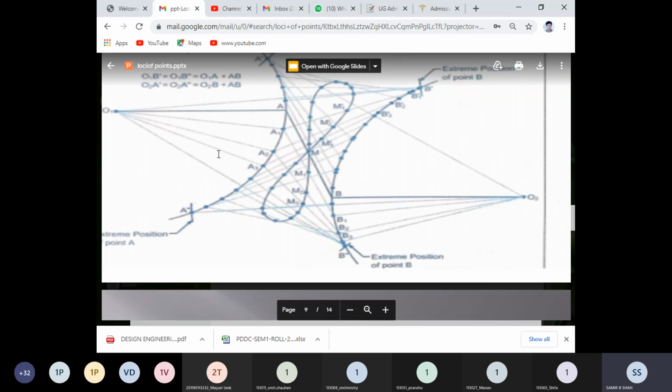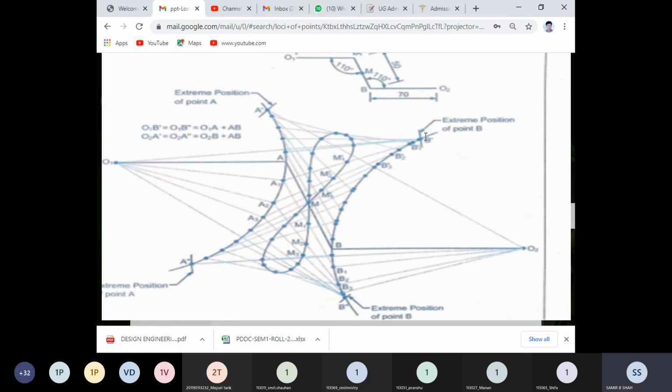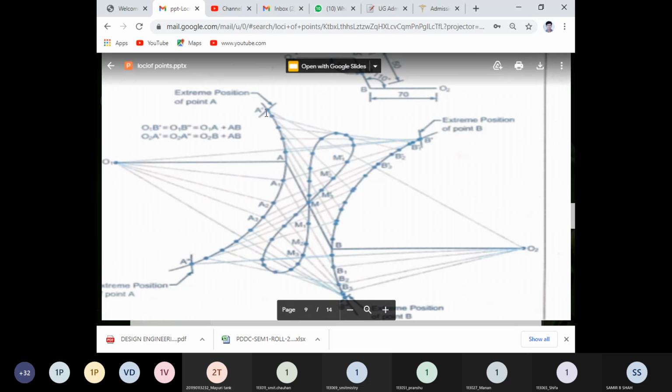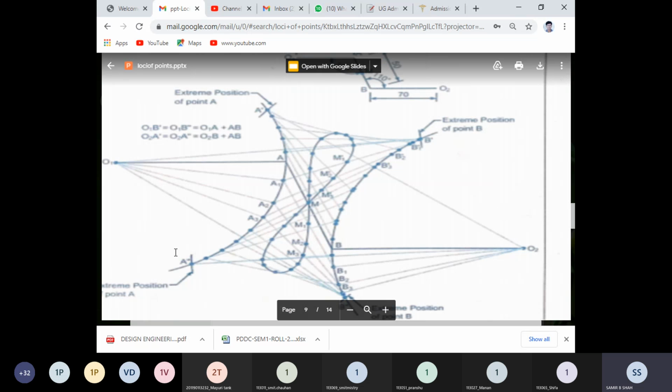At B dash, B will change the direction. But A continues to move towards A dash till it reaches A dash, then starts moving towards A double dash. In this way, both the cranks complete one oscillation.